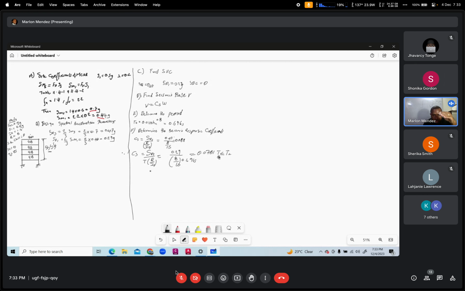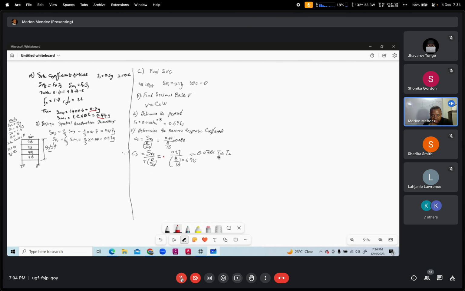So what we are doing is calculating these different Cs values based on the period, and then we are going to select the smallest of the values.